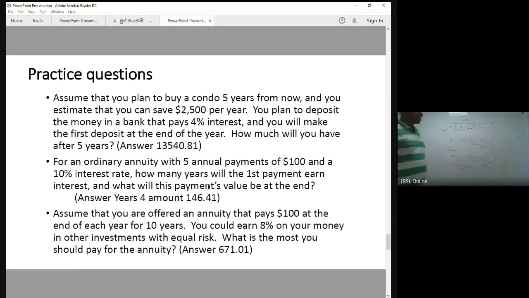So now this means you are supposed to make a payment today and it will give you a return of 8% over a period of 10 years. Right? And based on these figures, the interest rate of 8 and number of years 10, every year for the next 10 years you get a payment of 100. Right? So you're getting 100 every year for the next 10 years.